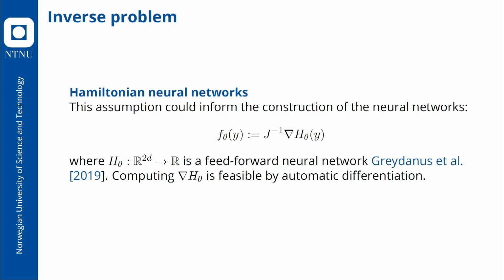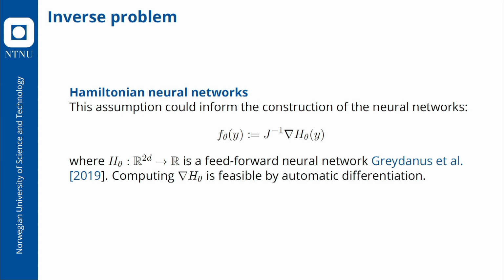And in the setting for solving inverse problems, we will use the assumption that our data comes from a Hamiltonian system, and we'll follow the idea of Hamiltonian neural networks that was first presented by Greydanus in 2019. And we will structure the neural network such that it will always form a Hamiltonian system.